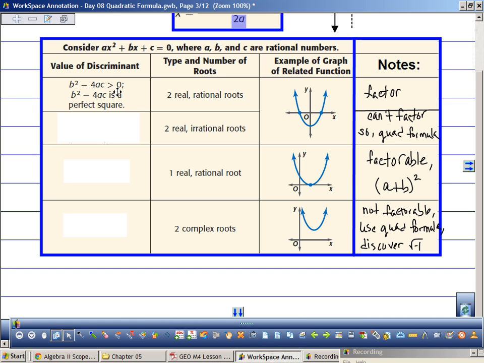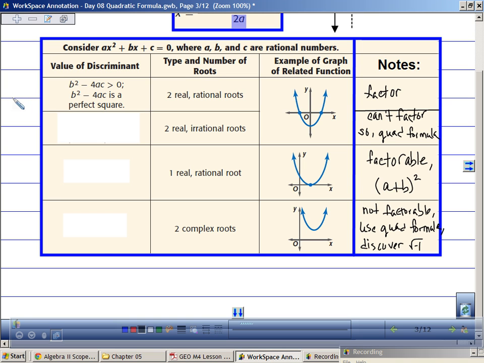So b squared minus 4ac is greater than 0. For instance, let's use 5 squared minus 4 times 1 times 2.